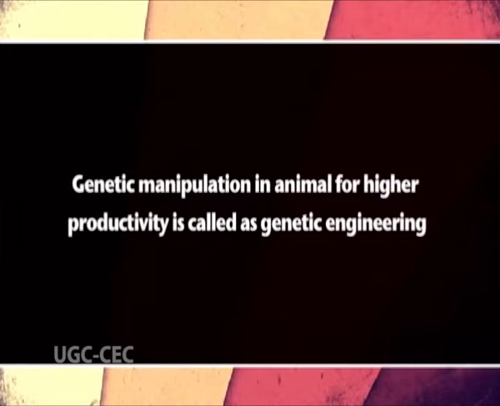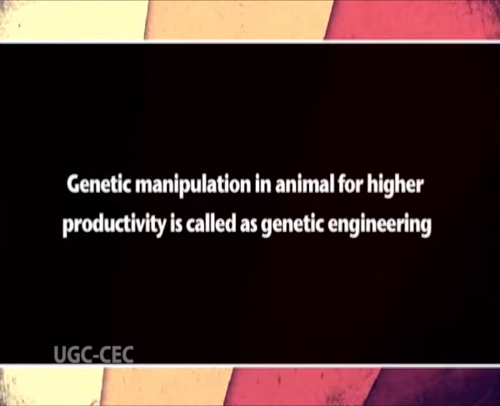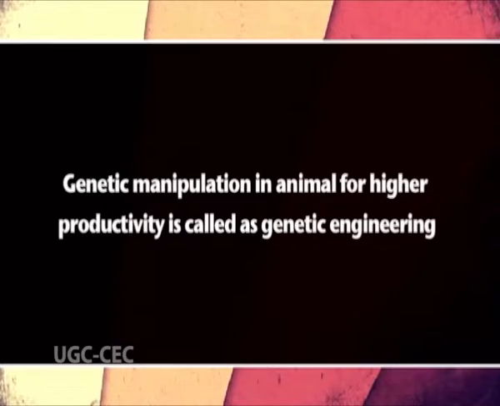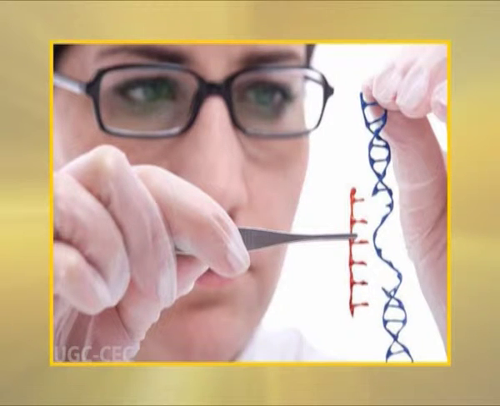Genetic manipulation in animals for higher productivity is called genetic engineering. It refers to the alteration of the genes of an organism. It involves manually adding new DNA to an organism to add new traits.